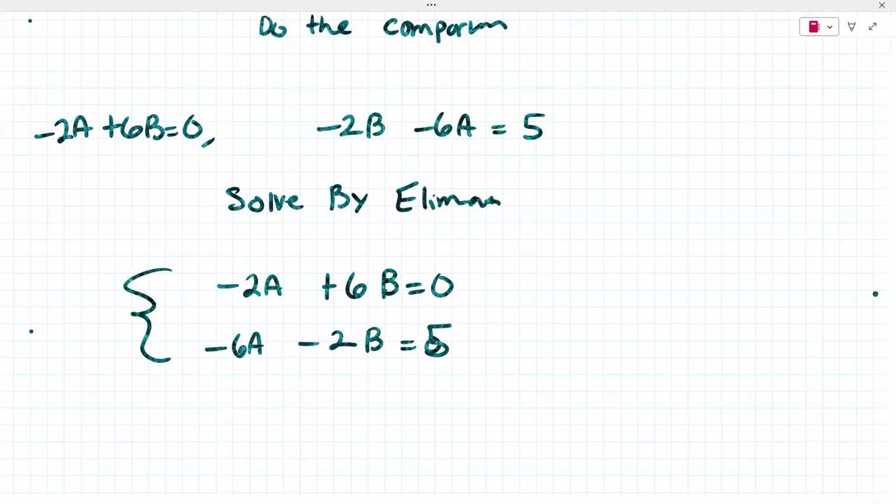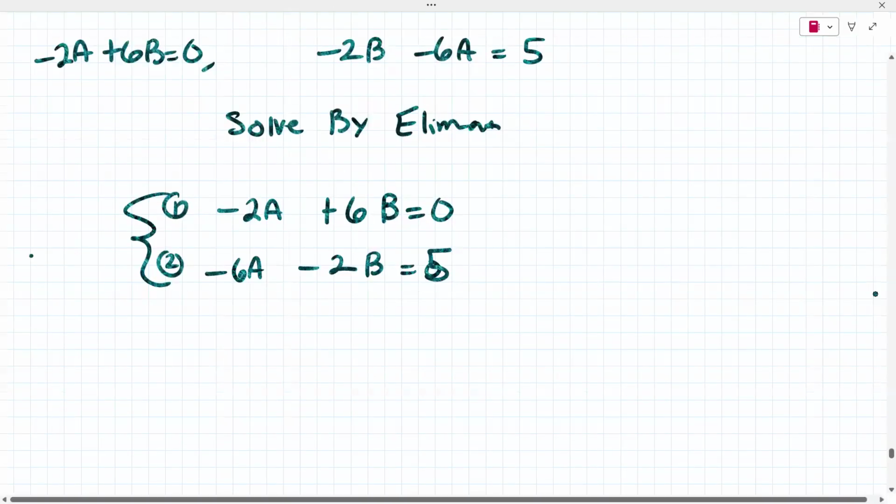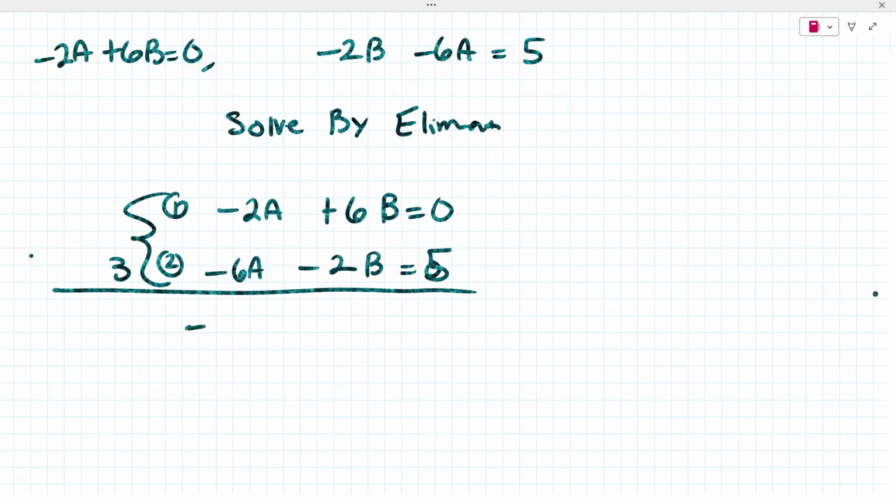And then with the system of equations, what letter would you like to get rid of first? Let's get rid of the b. To do so, I'm going to have to multiply the entire second equation by 3. So I'm going to rewrite equation 1: negative 2a plus 6b equals 0. And then FOIL out this 3: this is negative 18a, and this is negative 6b, and then 5 times 3 is 15.